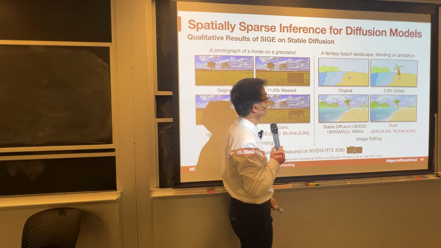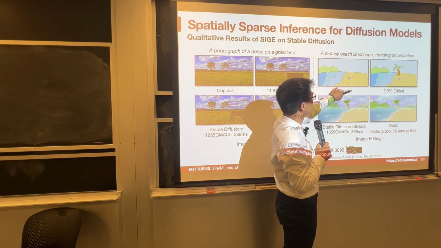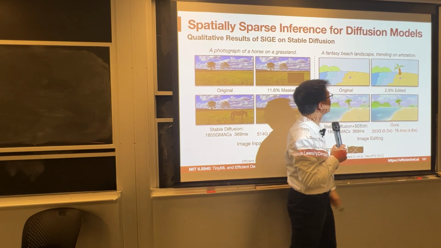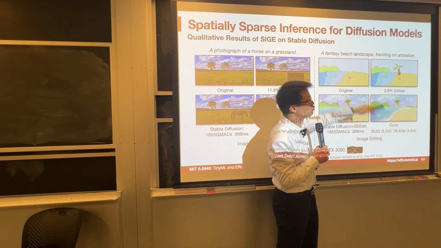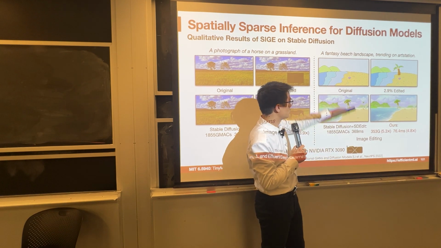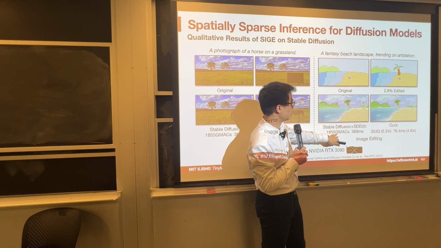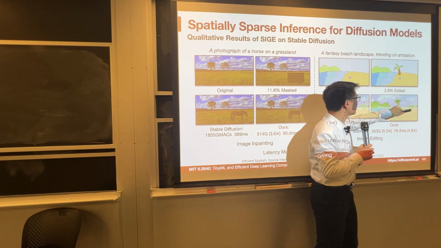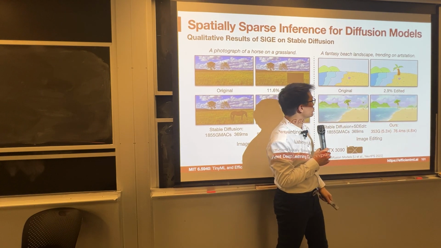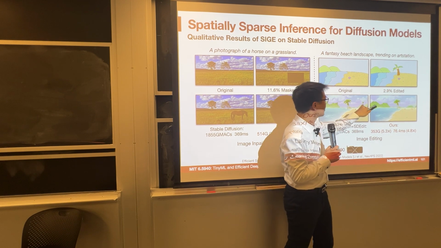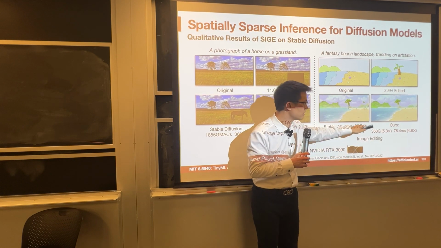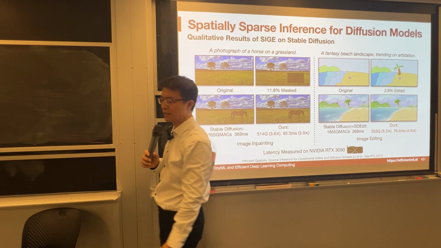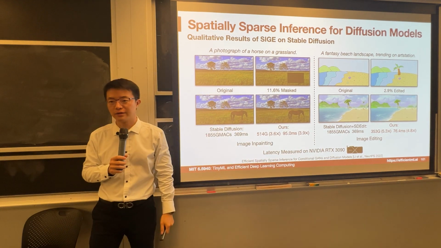Another example: this is the original image, this is the edited version, and we say it's a fantasy beach landscape trending on ArtStation. Rather than compute on everything, we only compute where it gets edited. Actually, I feel this is even better because here you get 2 coconut trees, but now it's correct. It's saving about 4 to 5x the latency running on the 3090.